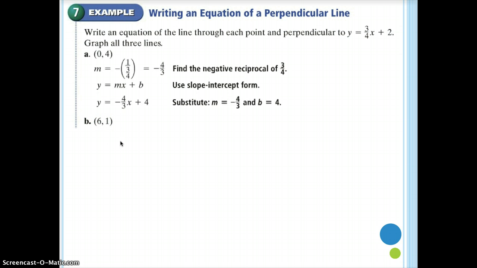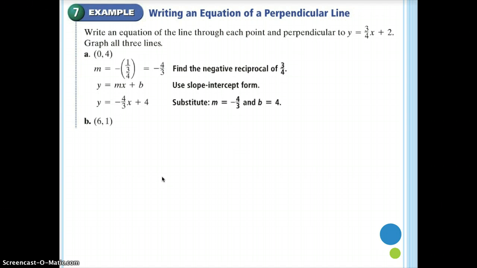So the answer in that case would be y minus 1 equals negative 4/3 parentheses x minus 6. From there, we could transform that into slope-intercept form if we really wanted to, but since this problem says just write an equation, it doesn't specify the form, we could use either one.